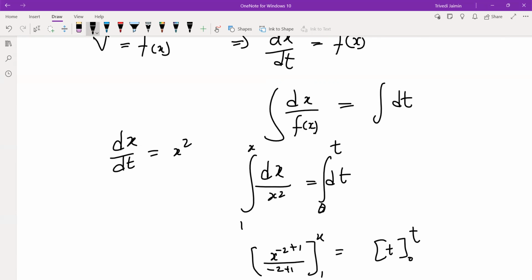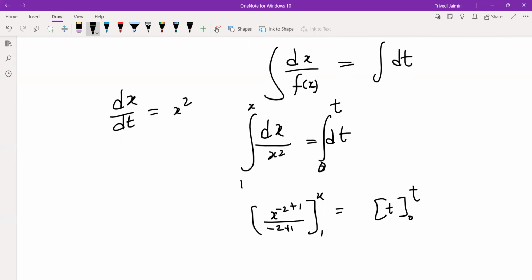So t is what? -1 by x. No, I want x in terms of t. One second. Change everything on the other side.